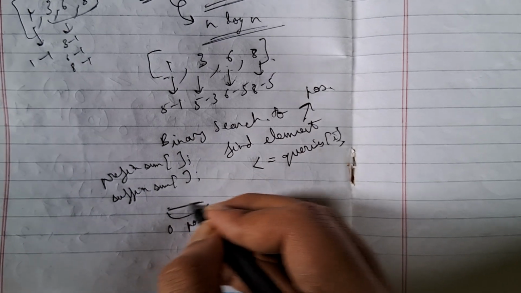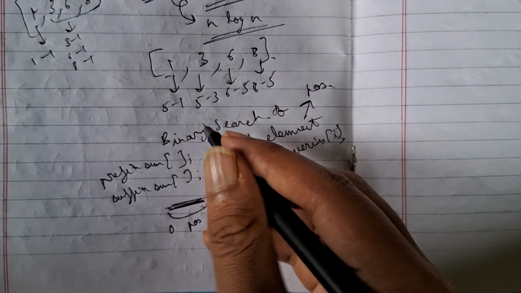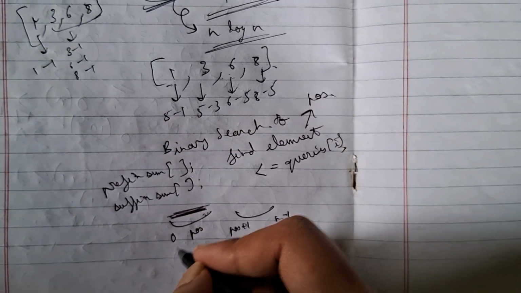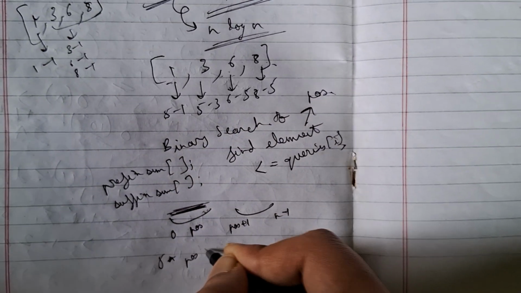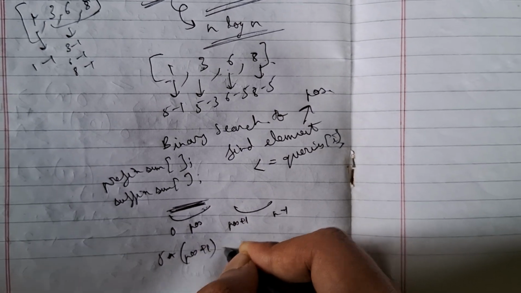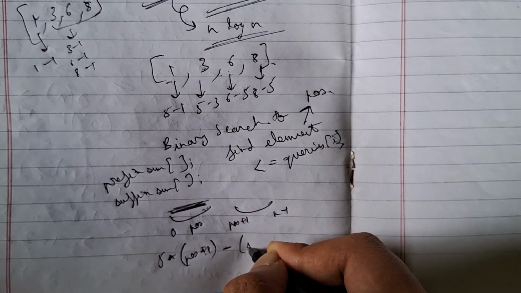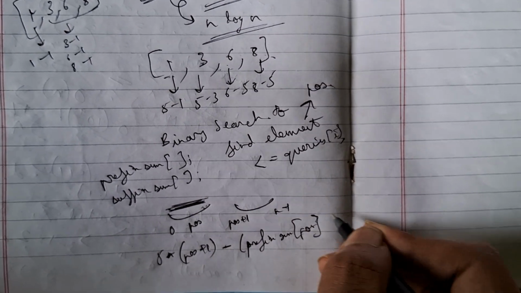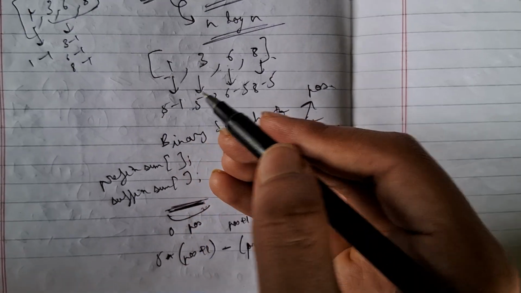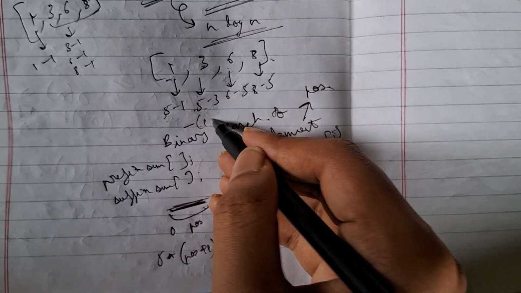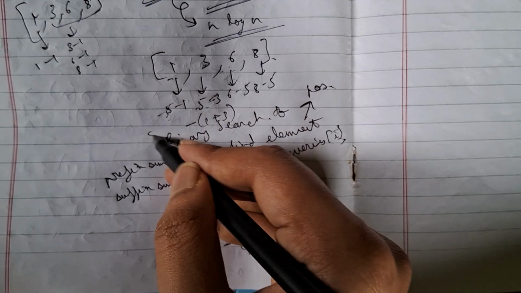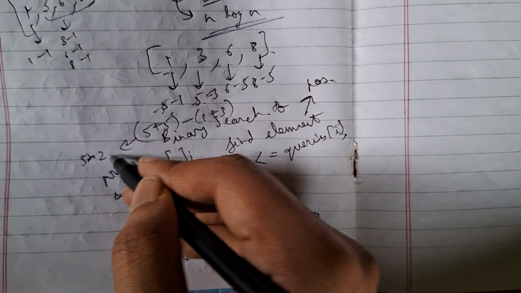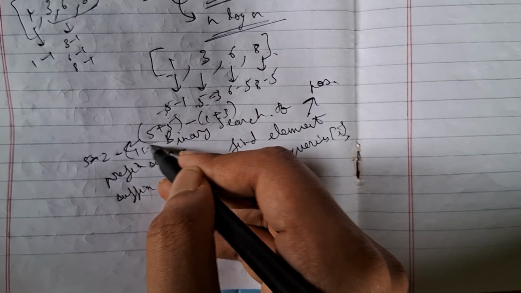After that, you are going to subtract from 5 into pos plus 1 the prefix sum of pos. That is 5 plus 5 minus 1 plus 3, which is 5 into 2 minus 1 plus 3.